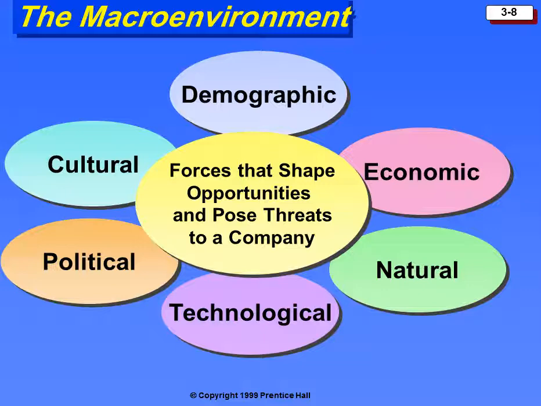The remaining sections of this chapter examine these forces and show how they affect the marketing plans. The macro environment is the forces that shape opportunities and pose threats to a company, like demographic, economic, natural, technological, political, and cultural.